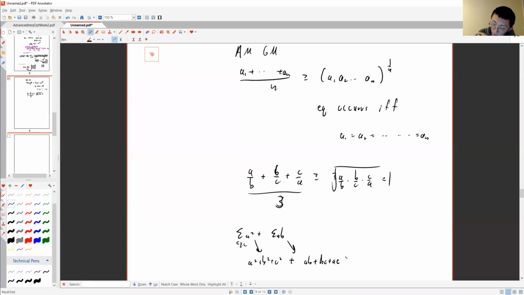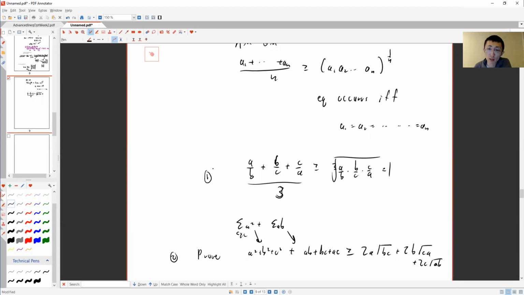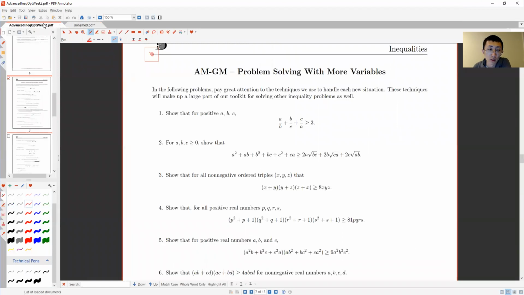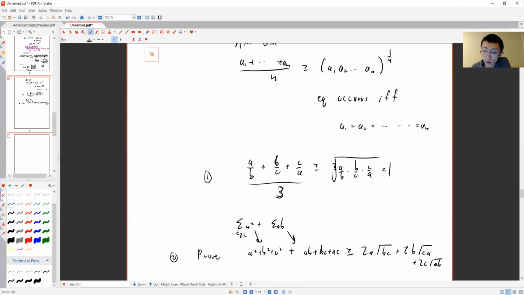So we need to prove that this is bigger than or equal to this. How might we do this one? It looks a little bit different. Yeah, go ahead, Pranav. We can apply AM-GM on A squared and BC, and similarly for other terms.